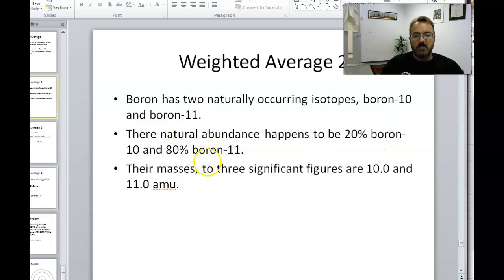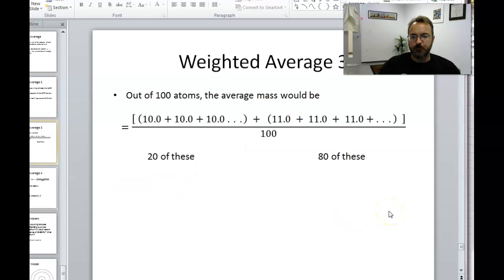So we're going to need both of these numbers, the 10 and the 20%, and the 11, the mass number 11, and the 80%. Each of these masses, I don't want you to just use the mass number, but I'll give you the masses of these isotopes because they're not exactly the same, for reasons which we'll talk about in more detail later. But the mass for boron 10, just take it to be 10.0 for simplicity, and then the mass for boron 11 is just 11.0.